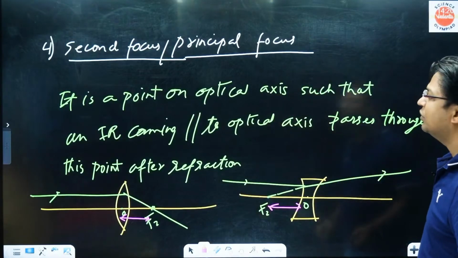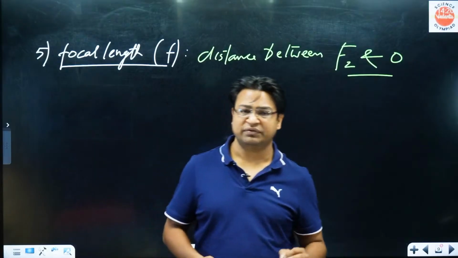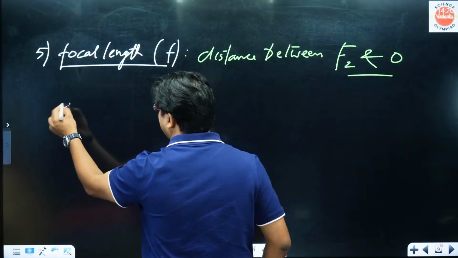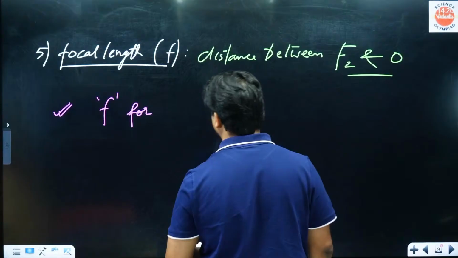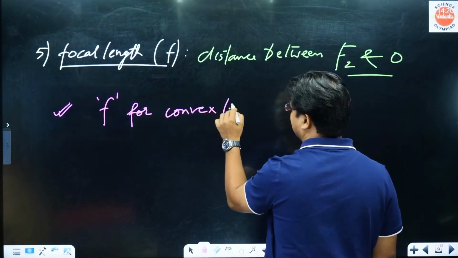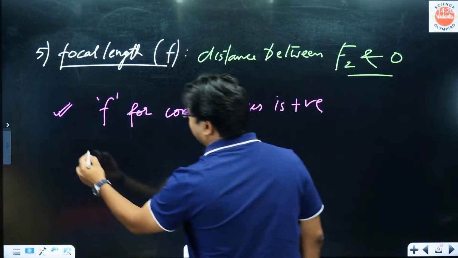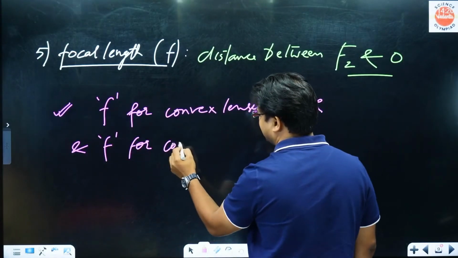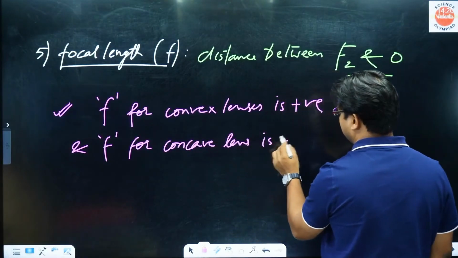Now if we go with the Cartesian sign convention, we talked about the Cartesian sign convention when we discussed the mirror. So if we go by the Cartesian sign convention, then you can make this rule that focal length for convex lenses is positive, and focal length for concave lenses is negative.